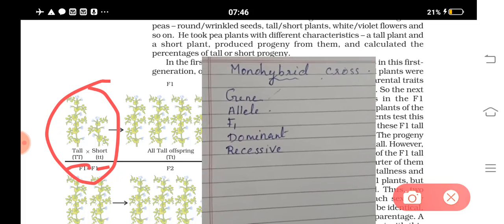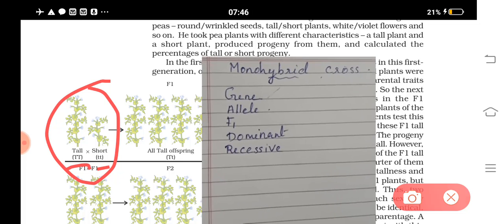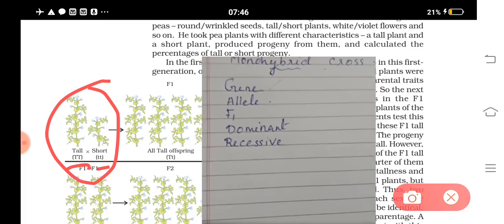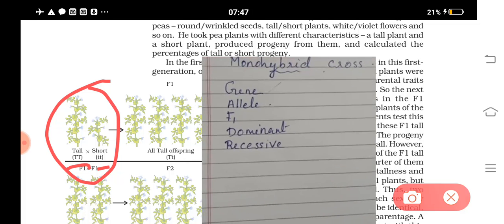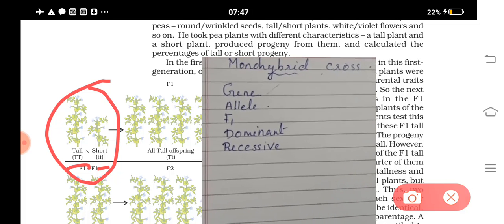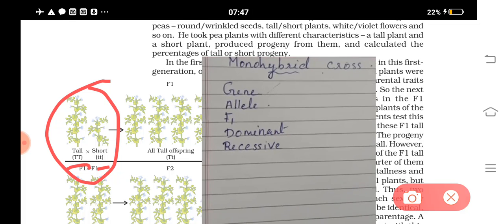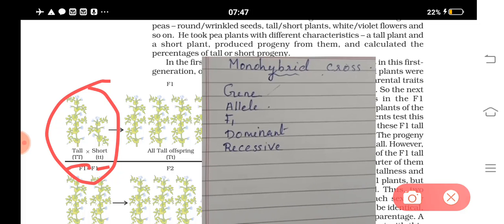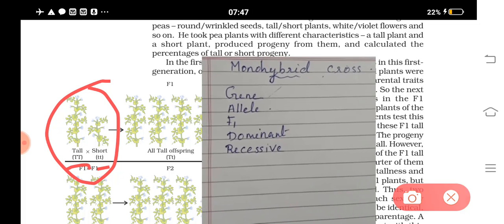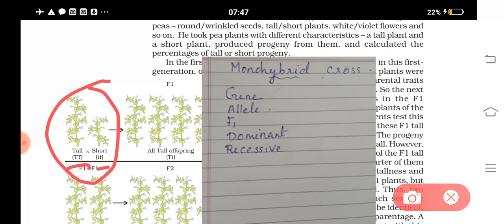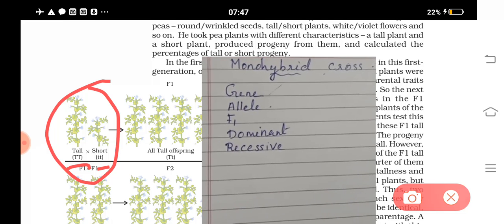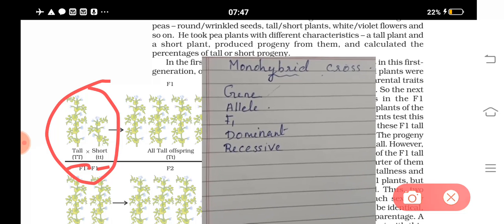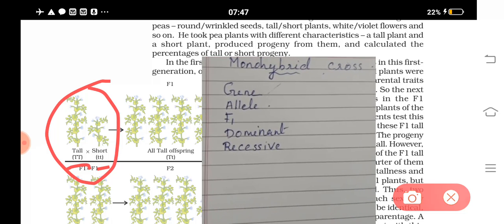So a small part of DNA that controls a character is called a gene. There will be a number of genes in each of our cells which control each character, like the color of the flower in pea plants, or the height of the plant. All these characters are controlled by genes.